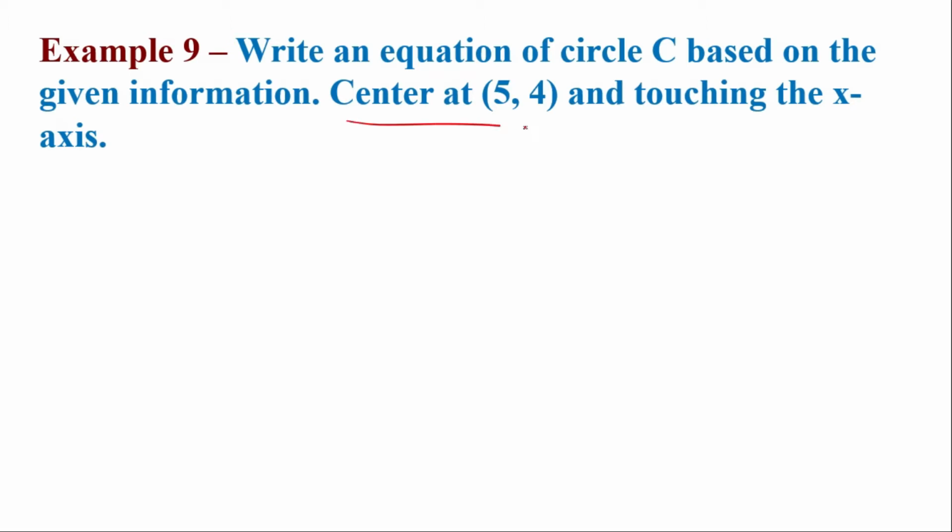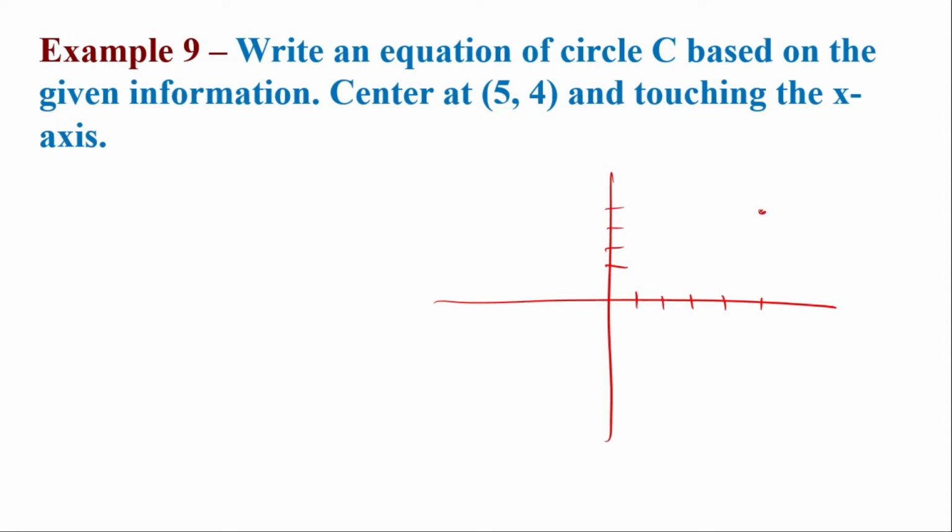The first is the center at 5, comma 4, and it touches the x-axis. Now, if you have a graph and you locate 5, comma 4, that's 1, 2, 3, 4, 5, and 1, 2, 3, 4. So this will be the center.